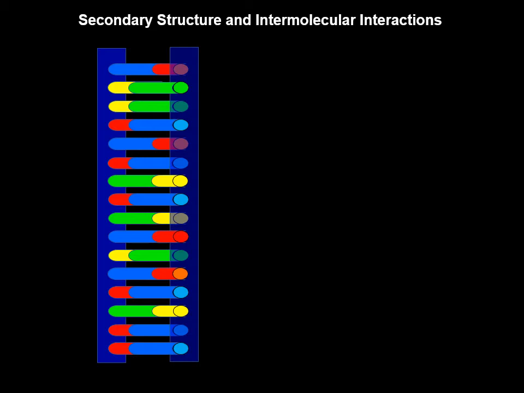So the ladder structure would account for base pairing, for intermolecular hydrogen bond interactions between individual base pairs, and of course for the structure of the molecule that contains sugar-phosphate backbone, shown here in blue, and individual bases, here shown in different colors.